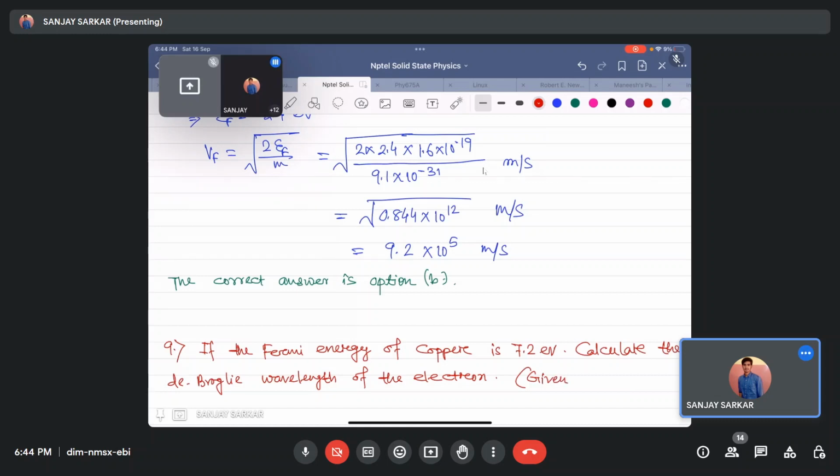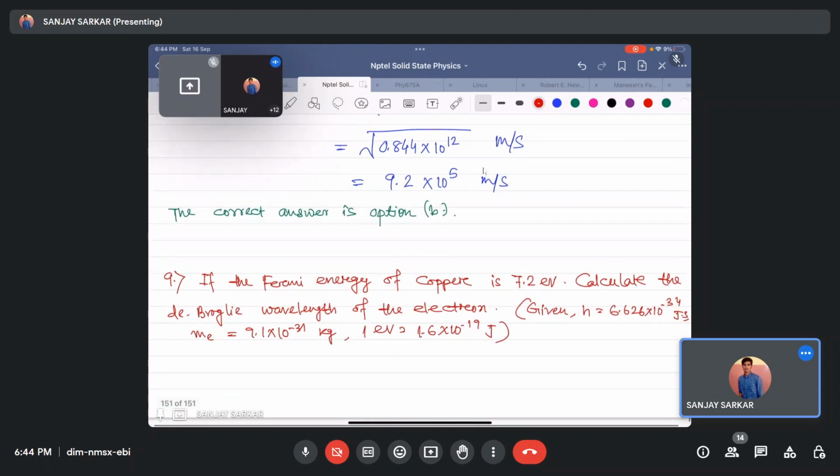Given that Planck constant h is 6.626 into 10 to the power minus 34 joule second, and mass of electron, that is me, is 9.1 into 10 to the power minus 31 kg, and also 1 electron volt is 1.6 into 10 to the power minus 19 joule. It is also given.